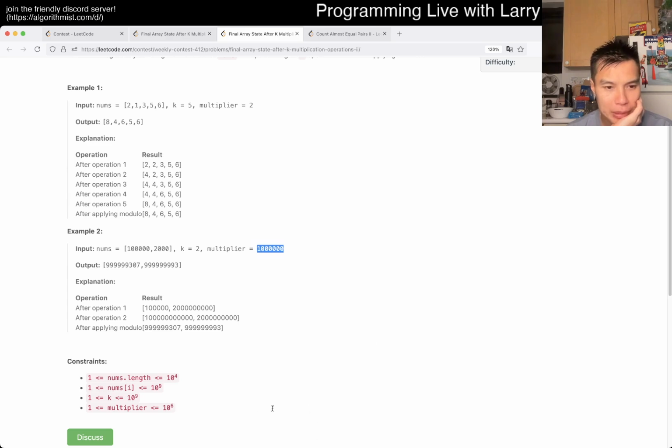Multiply can be big. What does the input number mean?